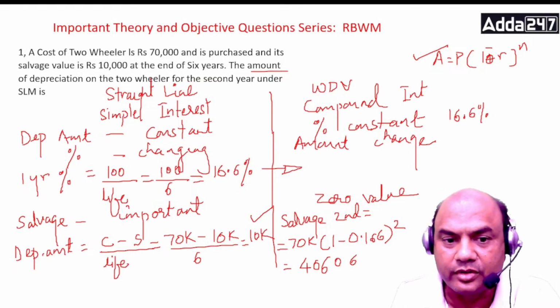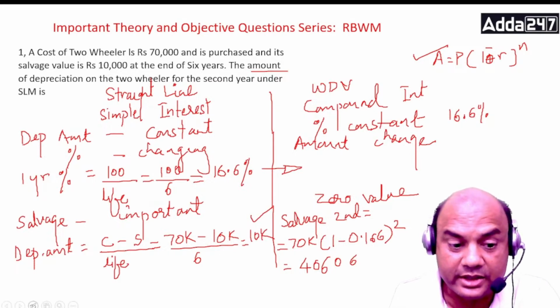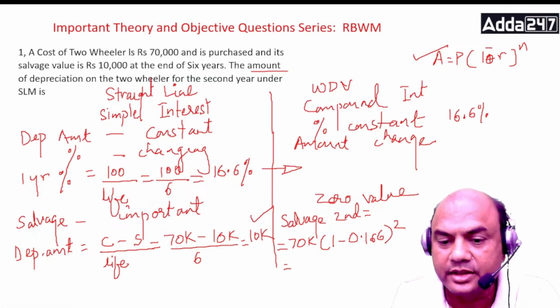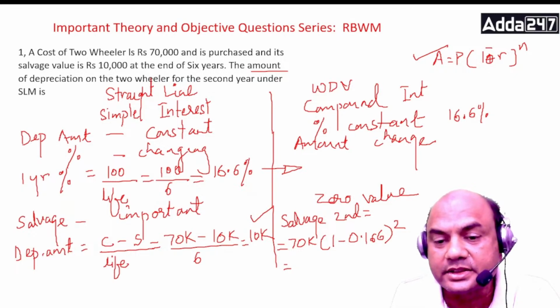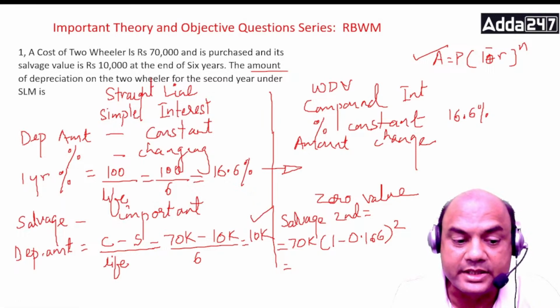So it is 0.69. Okay. That's what I said. Always recheck. So 0.69 is the answer for the square, multiplied by 70,000. So into 70. 1, 2, 3. Okay. 70,000. So 48,688. That is the right answer. Good that rechecking is done.